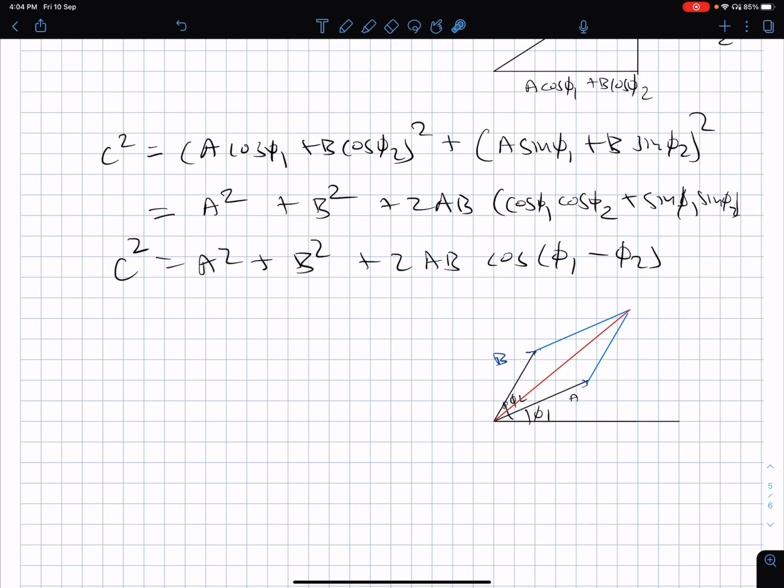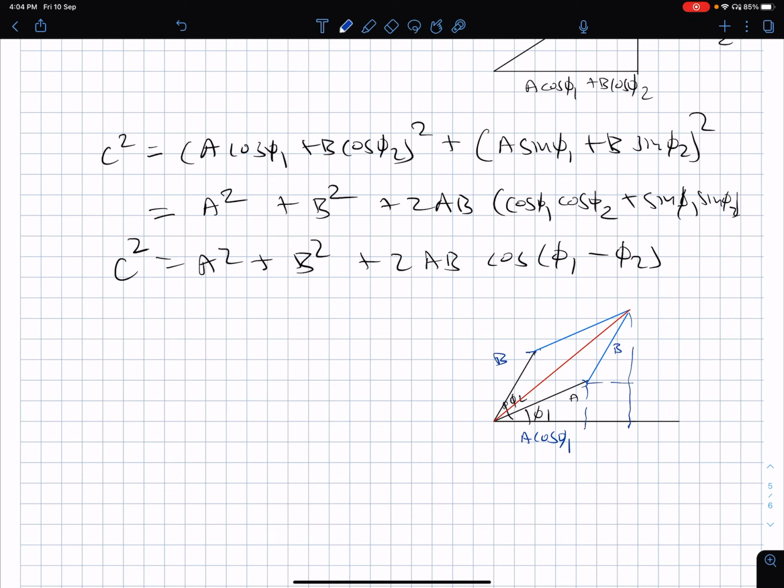Then the summation is going to be, now you look at this: this is A cos phi 1, and this being the B vector, what is this projection here?